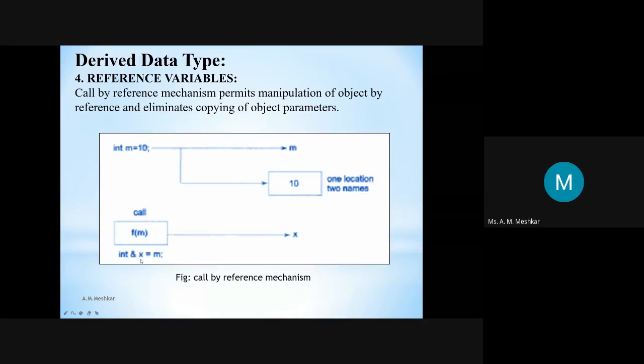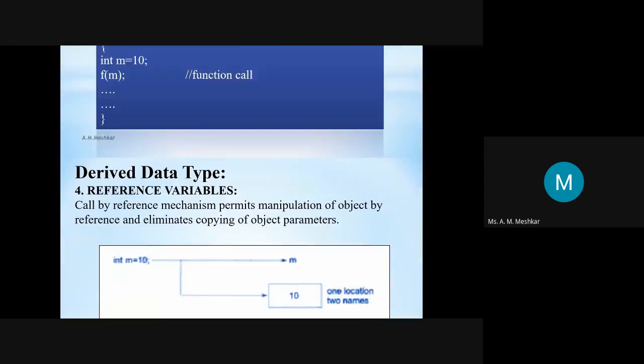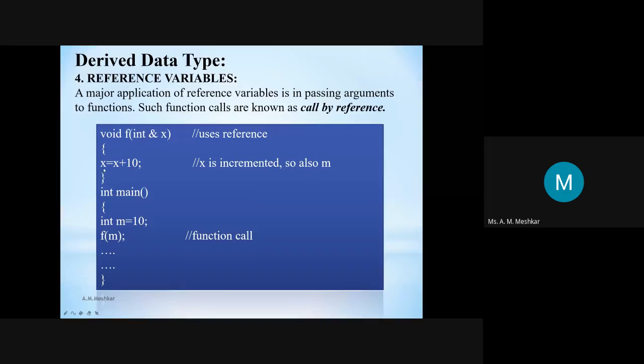Why do we write this? Whenever we need to create a reference variable. x becomes the reference variable of m, so x is the other name of this location, which is again pointing to which location? The one where 10 is stored, the other name of that same location. Now what will happen? If you make x equal to x plus 10, so x is incremented, meaning m is also incremented. And if you try to print the value of m here, it will be 10 plus 10, that is 20.